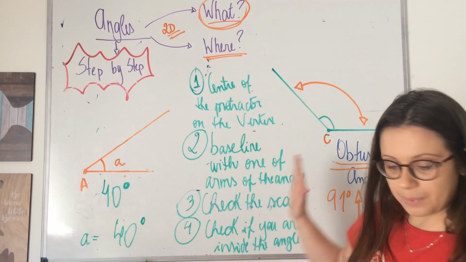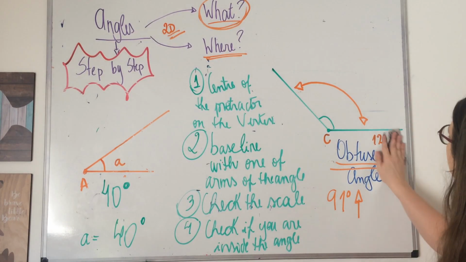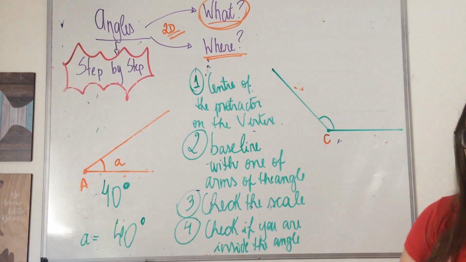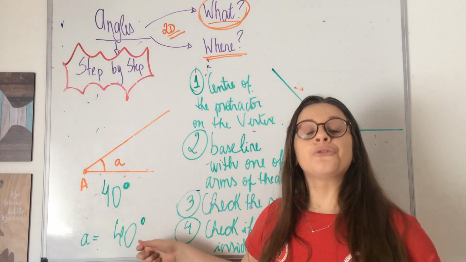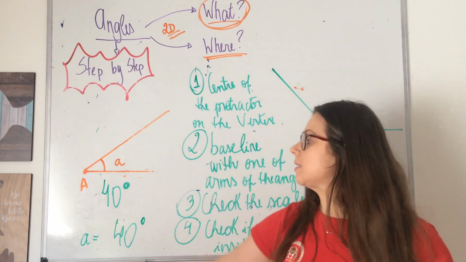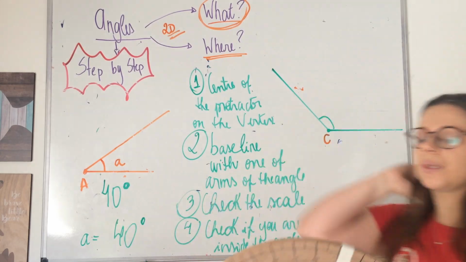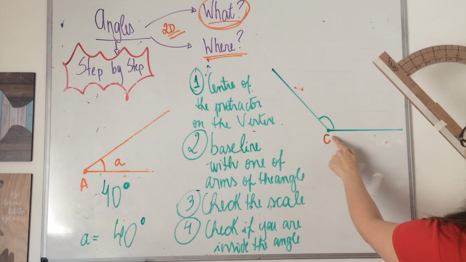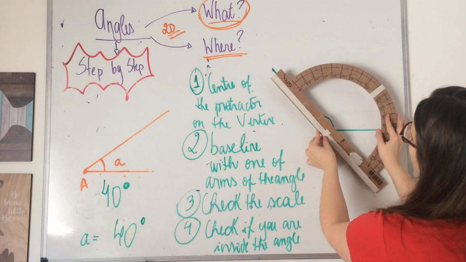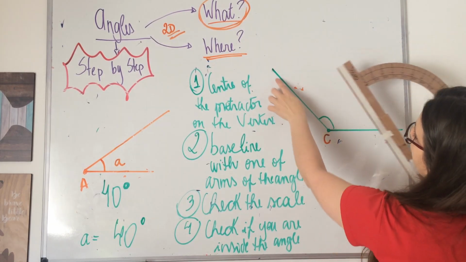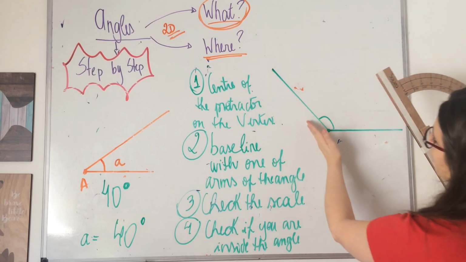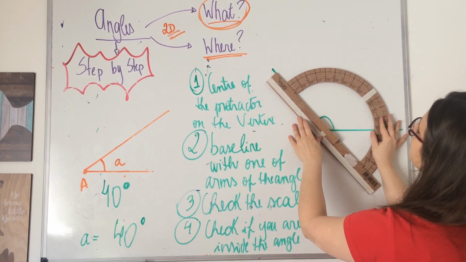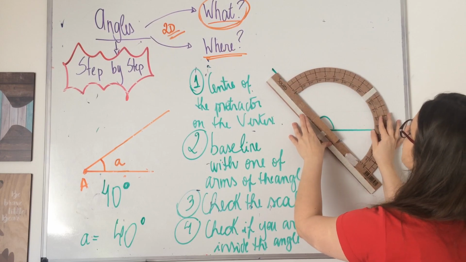Let's follow the step by step and measure this acute angle over here. Oh, important, we found 40. 40 is less than 90, so this is an acute angle. So let's see. Center of the protractor on the vertex. Baseline on this arm, I'm going to choose this arm. I think this is the easiest one. Okay. Check the scale.